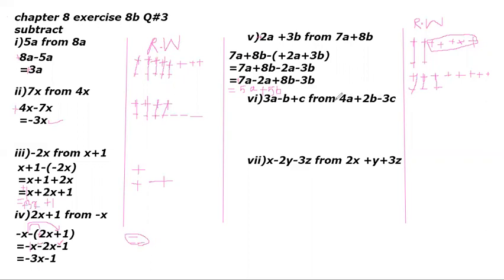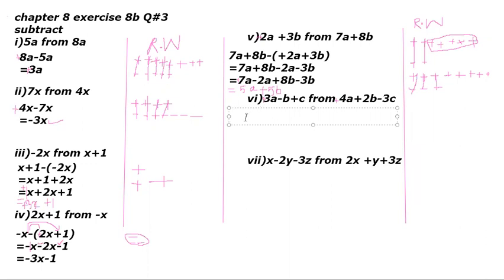And the third thing we have to keep in mind is that 4a means positive 4a and 3a means positive 3a. These were the 3 points you have to keep in your mind before doing a subtraction question. You should be very careful, very vigilant while doing a subtraction question.